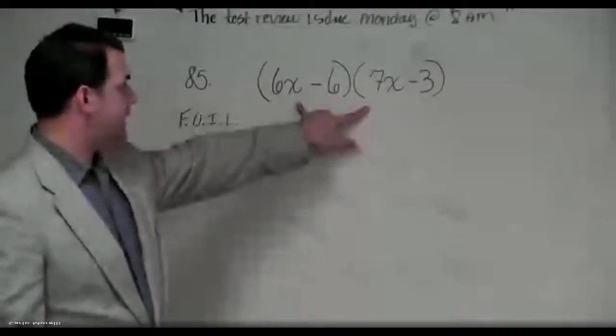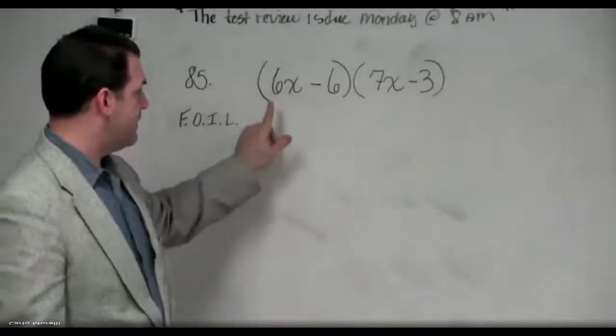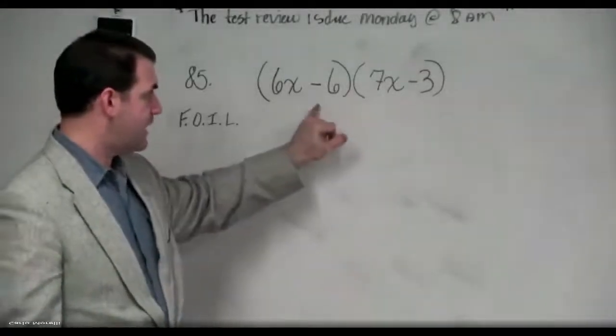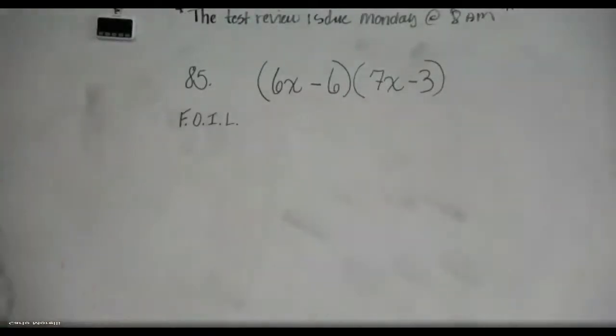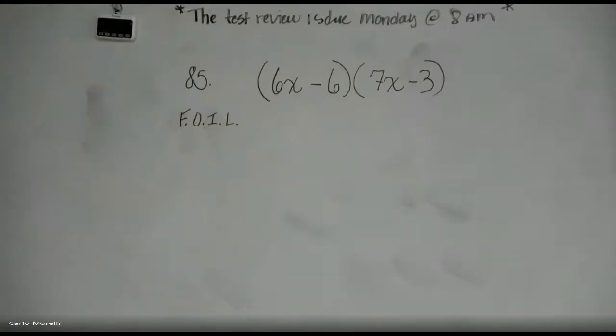You're going to multiply 6x times 7x, 6x times -3, -6 times 7x, and -6 times -3. You're going to add all that together, combine any like terms, and you'll be done. I'll show 85 using FOIL, and 86 I'll show box. Because there's really two approaches here. You can use the FOIL method or the box method. It's the same thing.